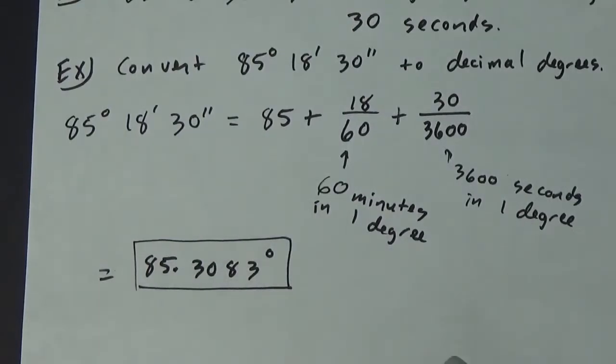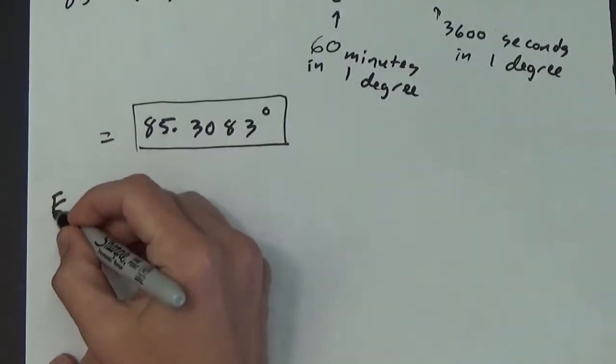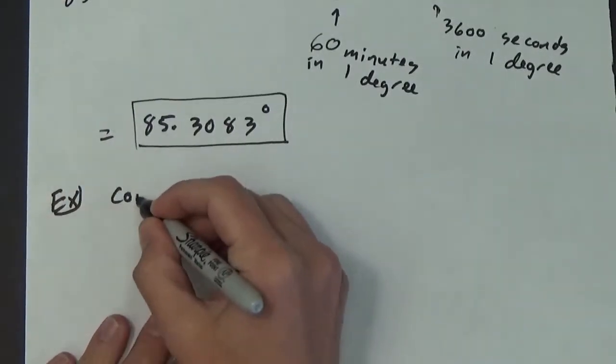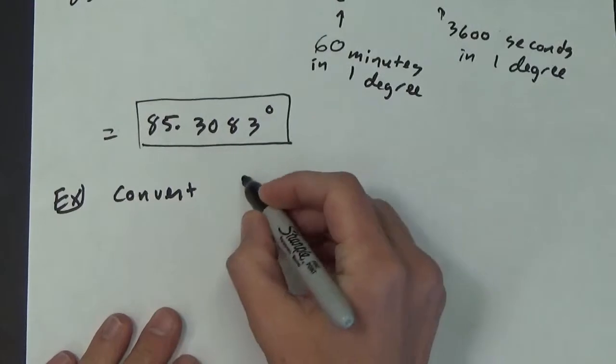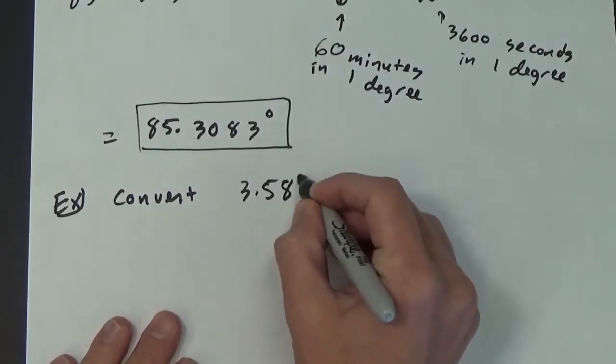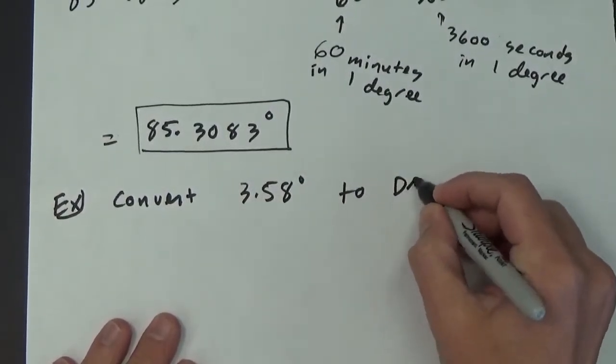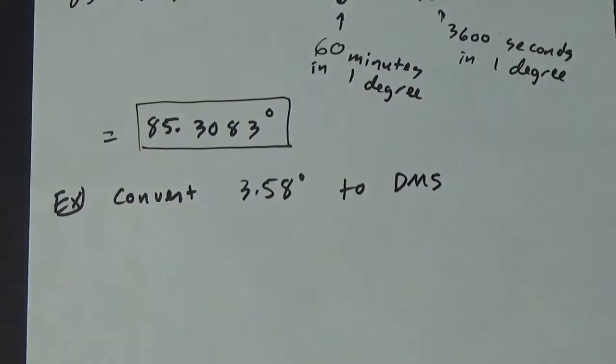When you're done, you have some degree answer, and you have to convert that back to degrees, minutes, seconds. So let's look at another example. We want to convert 3.58 degrees to DMS. After we've done all of our work in decimal degrees, when you get to your final answer, you have to convert it back to DMS.